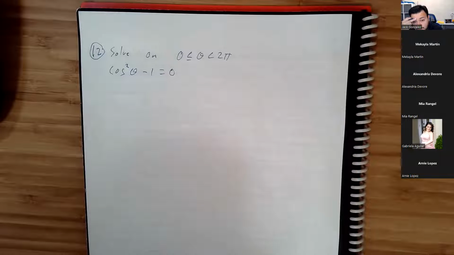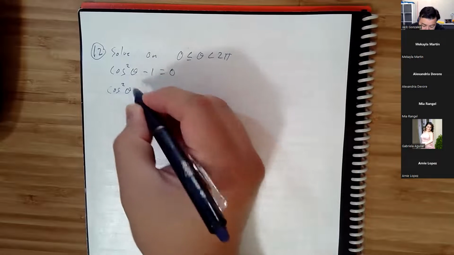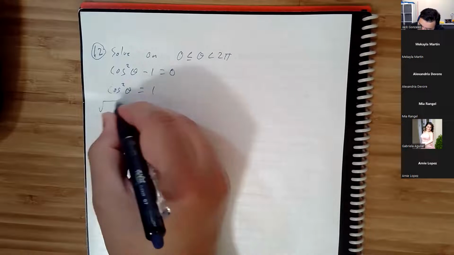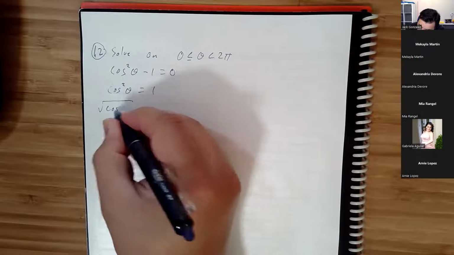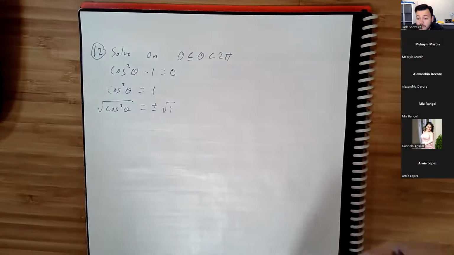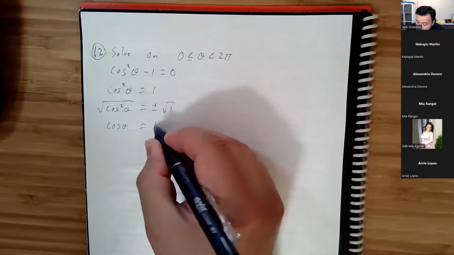You could square root both sides, isolate cosine, or you could factor. Doesn't really matter. Let's do the square root just because. So we have cosine theta equal to plus or minus 1.